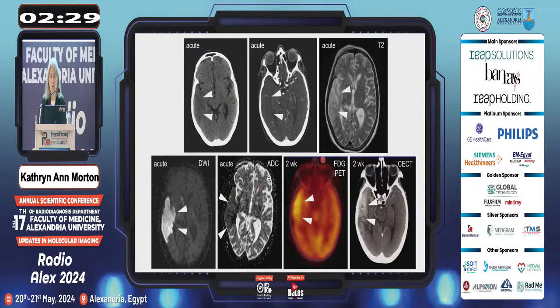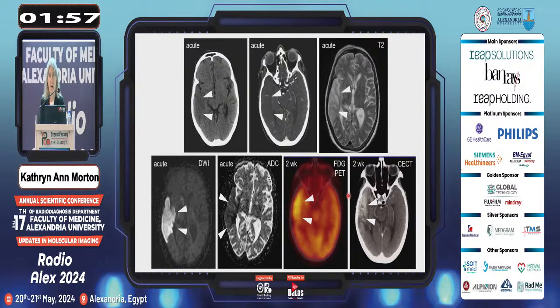Two weeks later, she had an FDG PET scan to deal with the vulvar carcinoma, and on that study, which we did with intravenous contrast for the CT, you can see diffuse increased activity within that brain. That's usually due to a reperfusion inflammatory response, and this pattern here, which is pseudolaminar necrosis, is also typical of a subacute stroke.